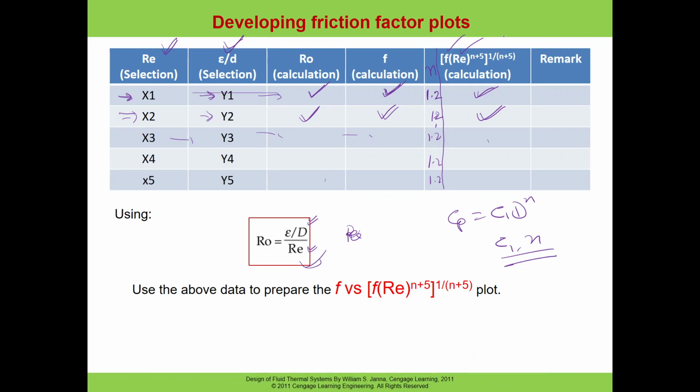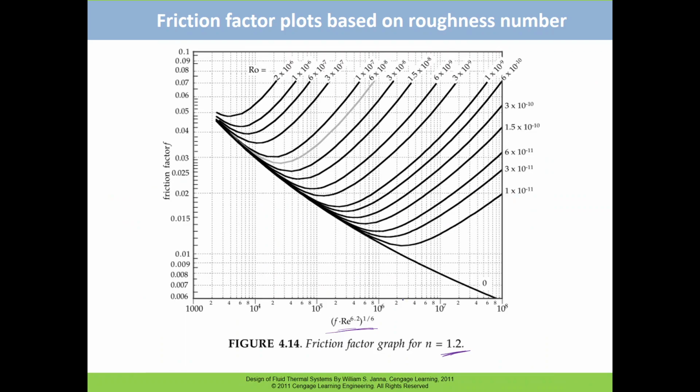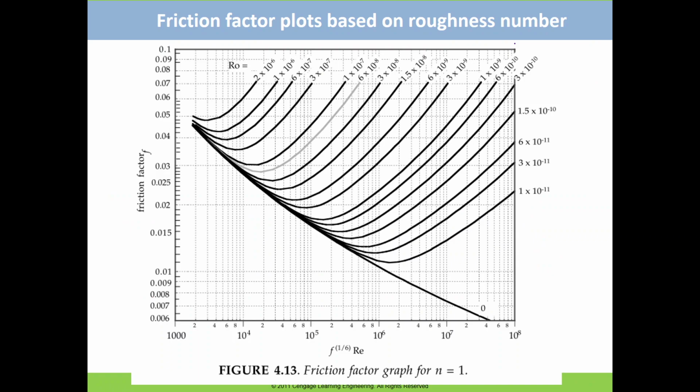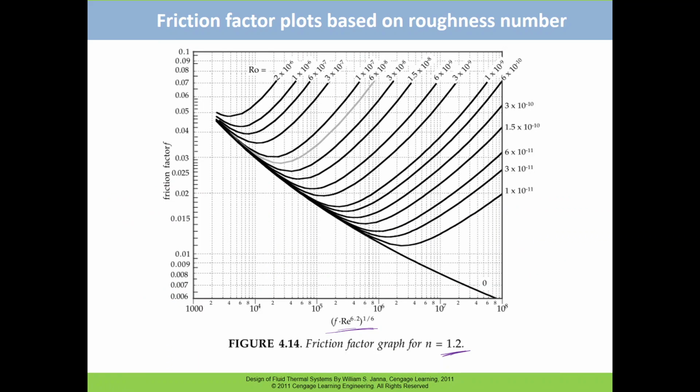This is n plus 1, 6.2, and then 1 over 6.2.